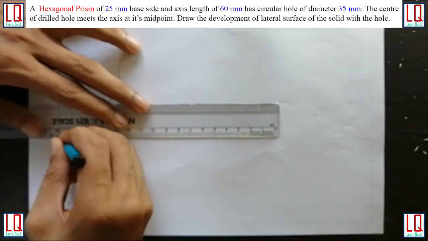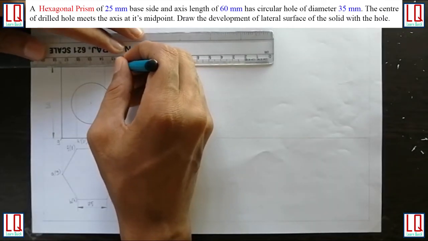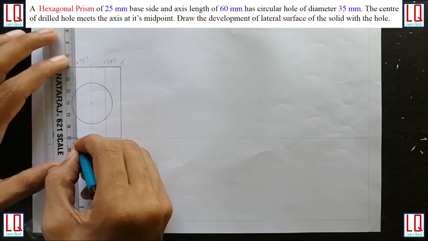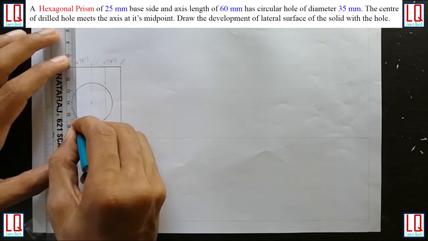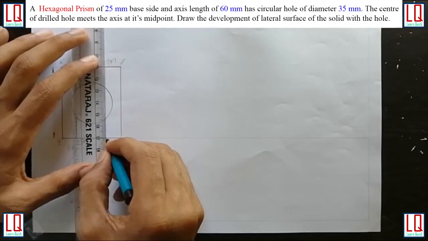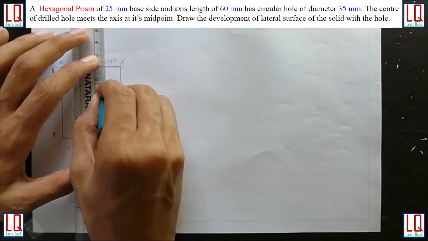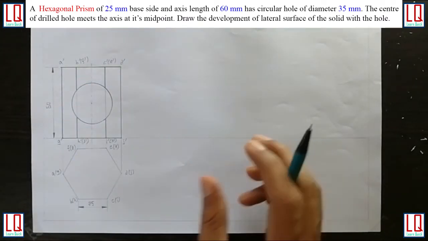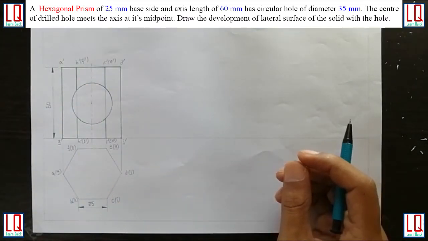So the base hexagon, the top hexagon, and the vertical edges whichever remain after the circular hole. So this circular hole is drilled through the front view of the hexagonal prism.